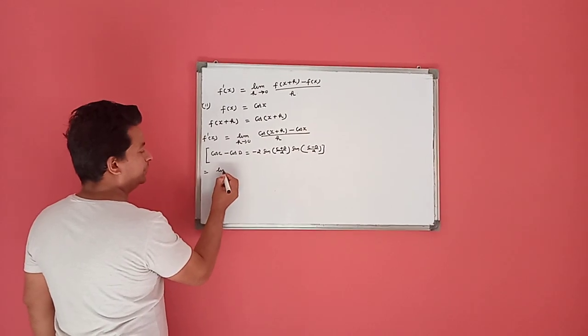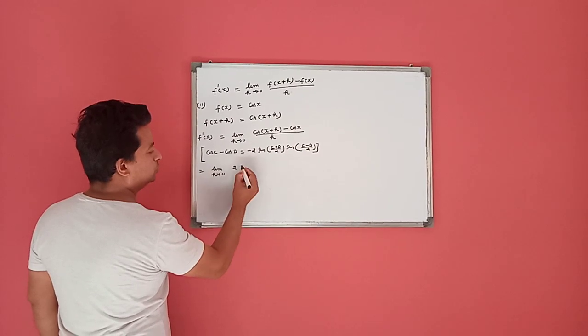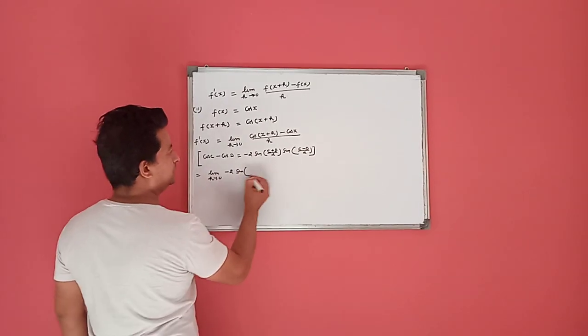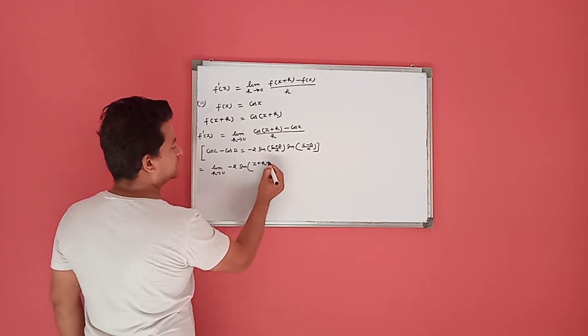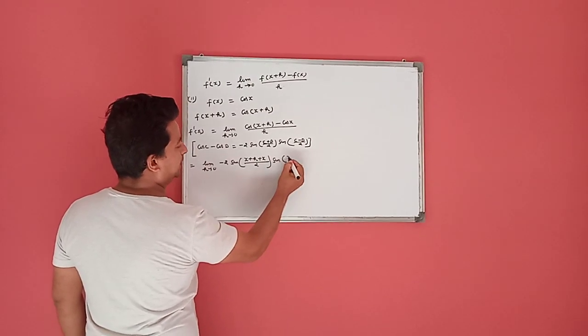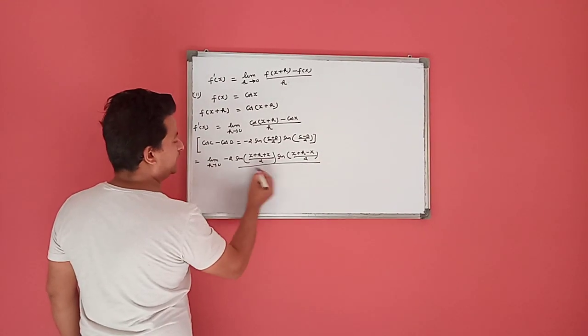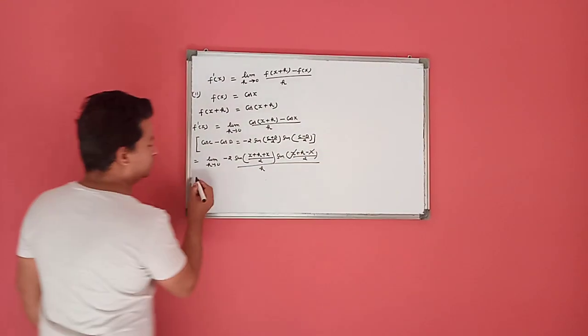When we put this formula, we get 2 sin((x + h + x)/2) with a negative sign, sin((D − C)/2), divided by h. This cancels out.